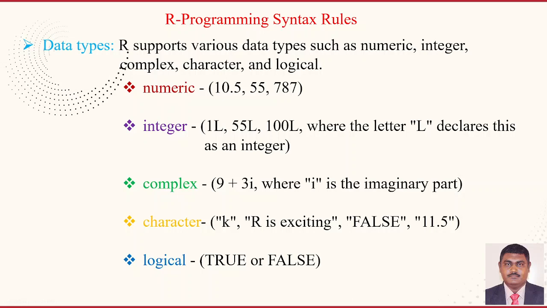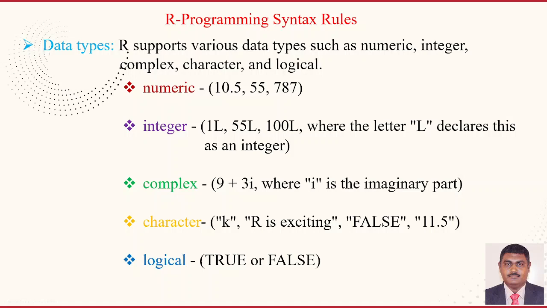And integer, where the number is followed by the letter L, 1L, 55L, 100L, 500L, 1000L, like that, where the letter L declares this as an integer. So whenever it's read, the interpreter knows that when the L is at the end of that number, it indicates the integer data type.